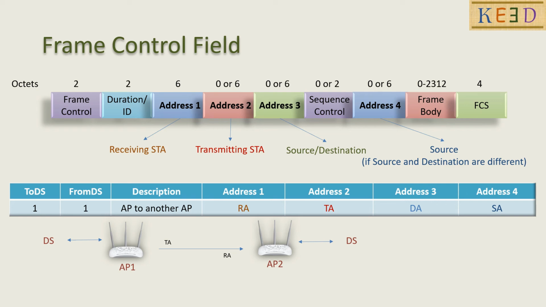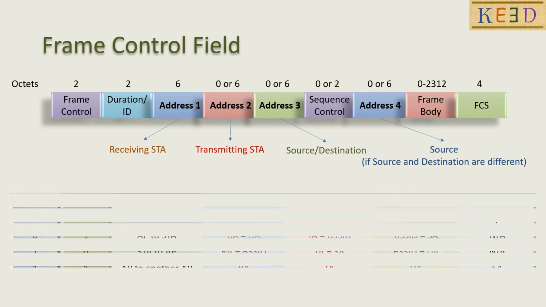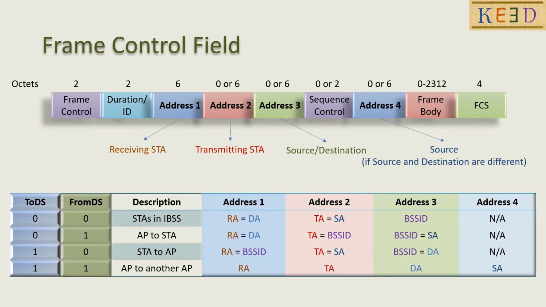So, address 1 is the receiver address, that is the address of the receiver AP. Address 2 is the transmitter address, that is the address of the transmitter AP. Address 3 is the destination address. Address 4 is the source address. This is the summary.